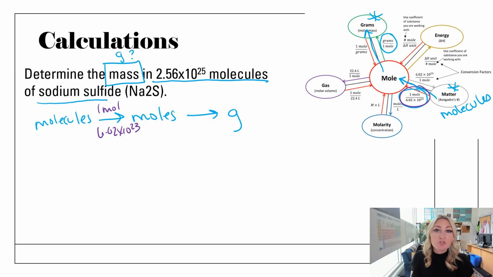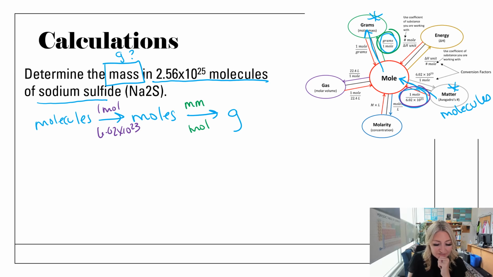My second conversion factor to go from moles to grams is the molar mass, and I'm going to put MM for molar mass. This is also the grams per mole. Grams per mole is how we're going to get from moles to grams. We'll cancel out moles that way. So we've pretty much set up this problem.